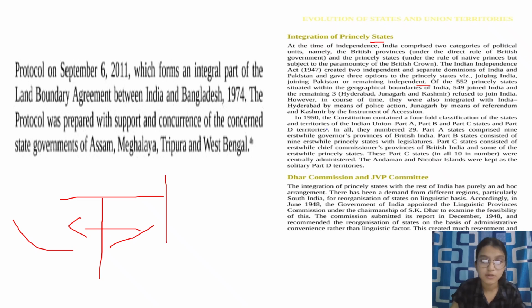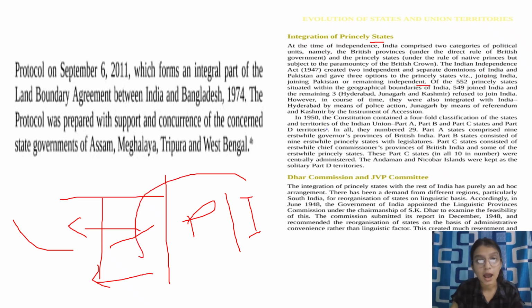So after independence, we got two separate countries, Pakistan and India. The princely states were given options whether they wanted to enter into our domain or opt for Pakistan.